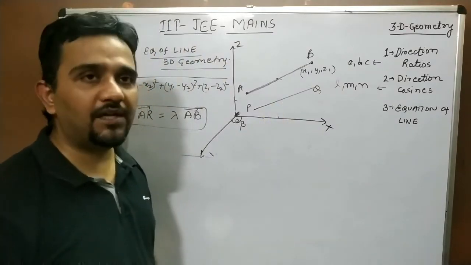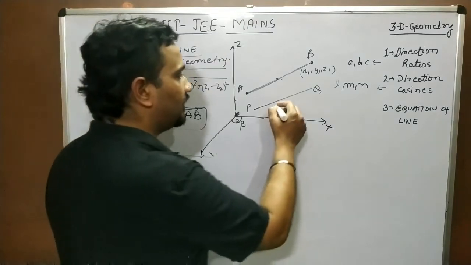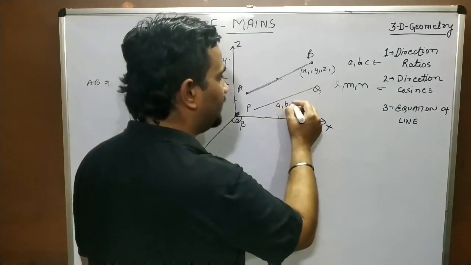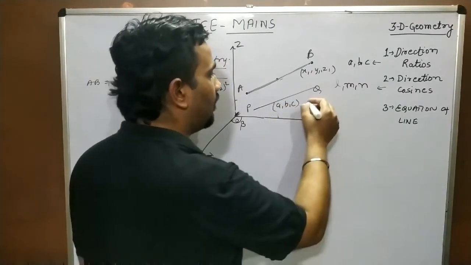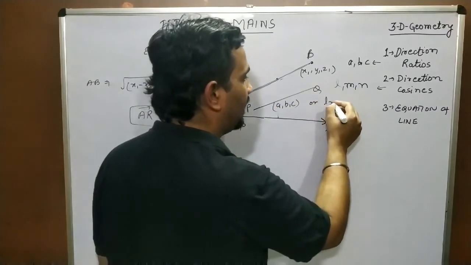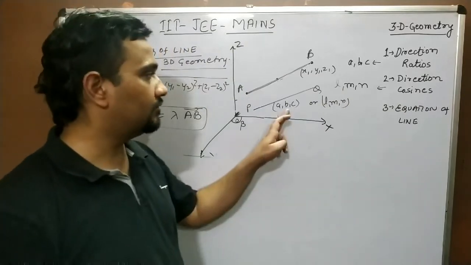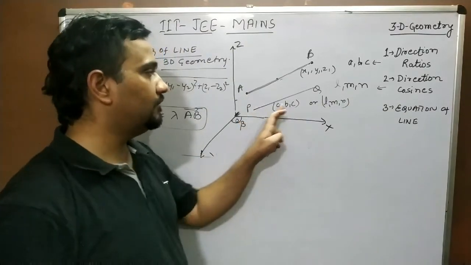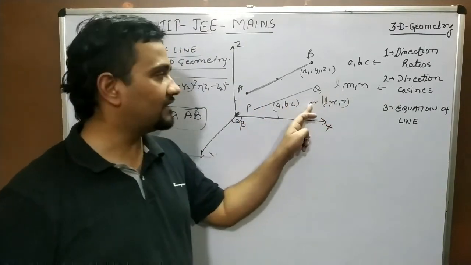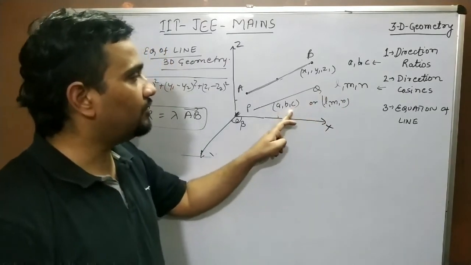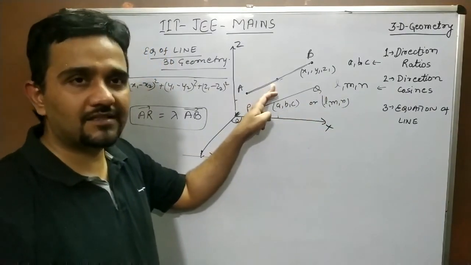So how will you define PQ? You can take whatever you want to take, A, B, C direction ratios, or L, M, N, and you can define any line by using these. If you define A, B, C for this line, how will you get the direction ratios of this line?